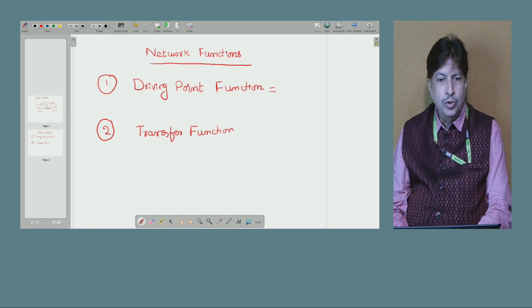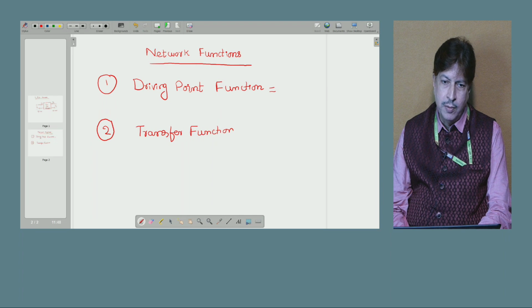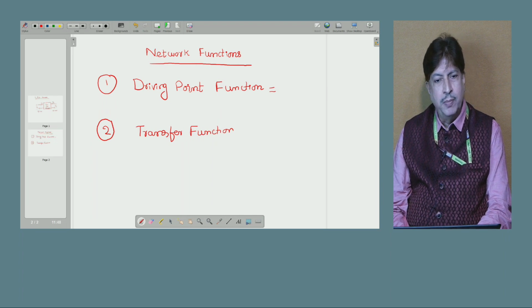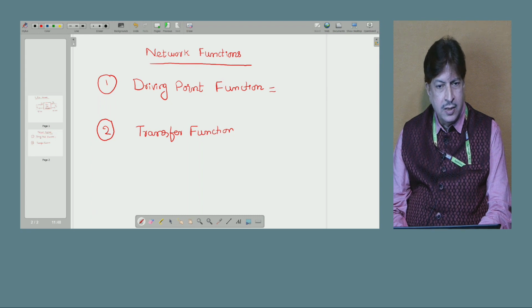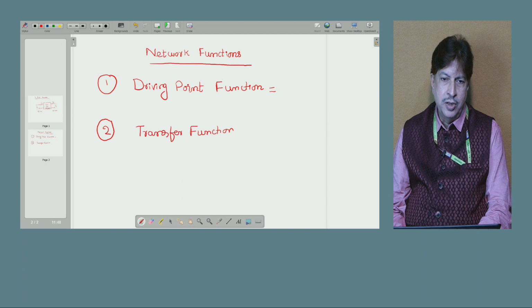Suppose numerator variable belongs to output port and the denominator belongs to input variable, then it becomes one of the transfer functions.